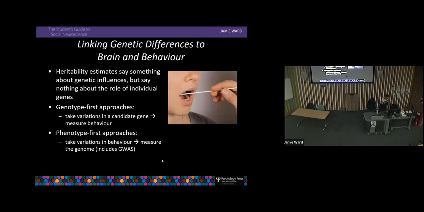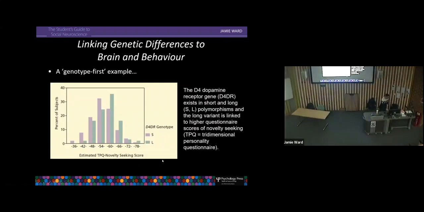Let me give you an example of a genotype first approach. This is another example, looking at a dopamine receptor gene that exists in two different kinds. You can call these mutations, but sometimes they're so common that they're just different variants.